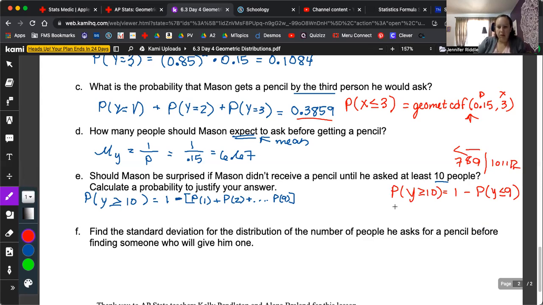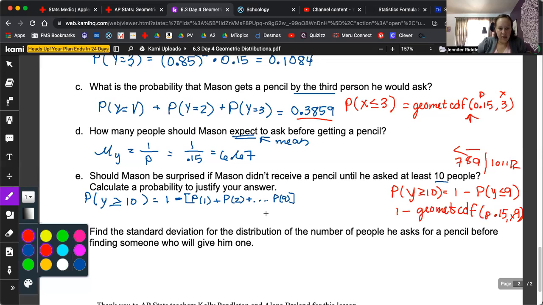So I can do 1 minus that geometric CDF, where P is 0.15 and X is 9. And I get the answer of 0.2316. So is this surprising?